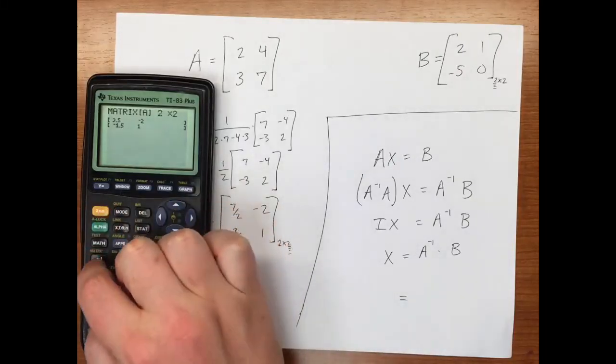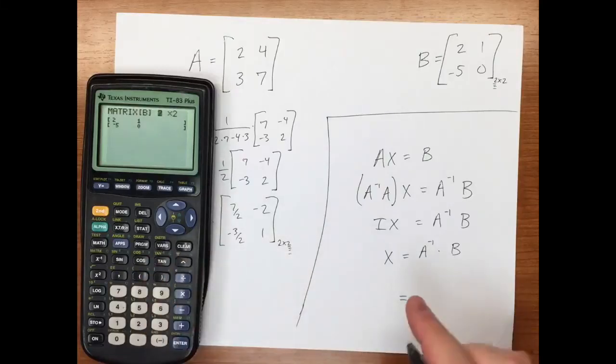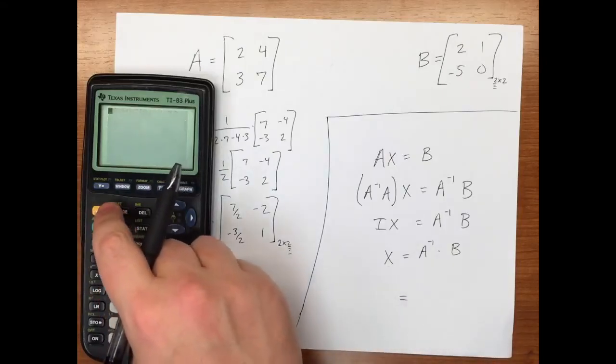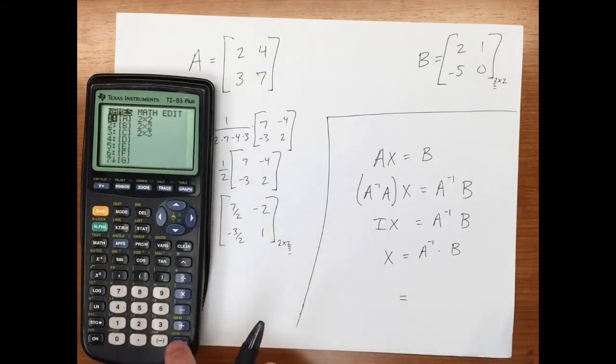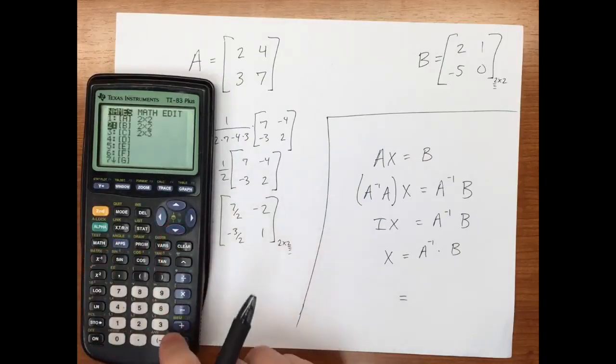And then for matrix B, we have this typed in, 2, 1, -5, and 0. So we're going to take A inverse and multiply by B. That's going to give us our matrix X. That is our solution. So in our calculator, it's the first matrix that we have typed in times B.